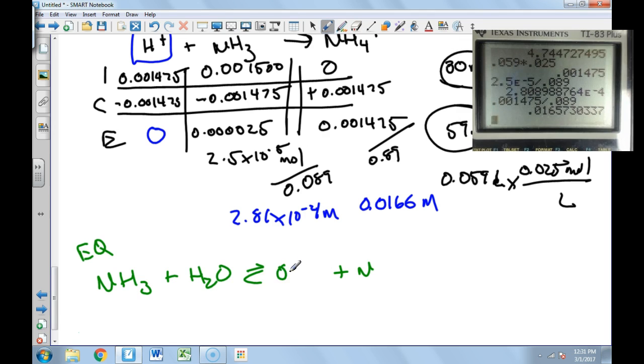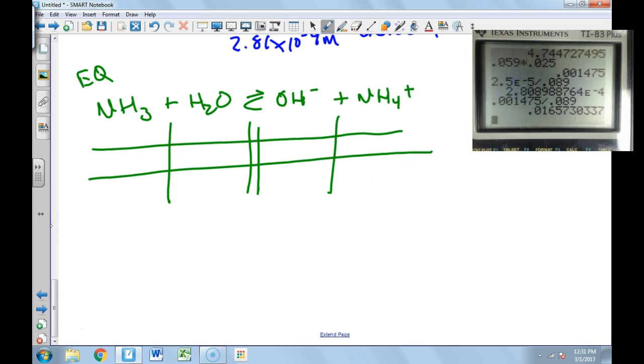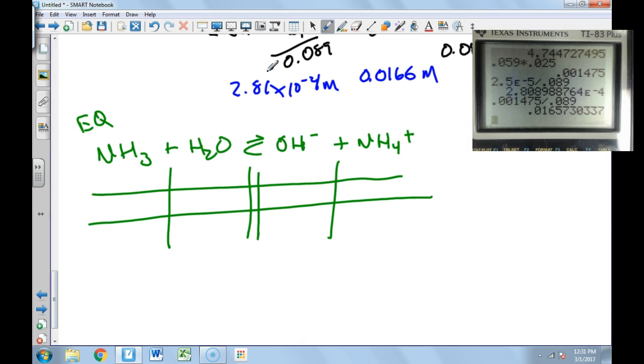So this is going to be OH minus plus NH4 plus. Glad I caught myself. Okay, so now we do our ICE chart. We use our values that we just determined from our stoichiometry step. And so now, how much of this do we have? We have 2.81 times 10 to the minus 4.